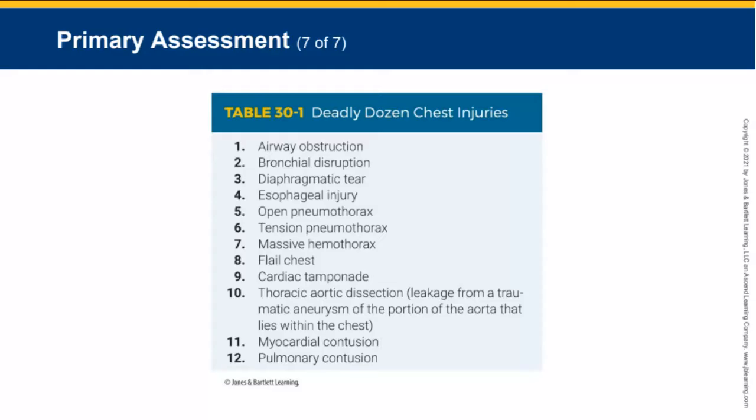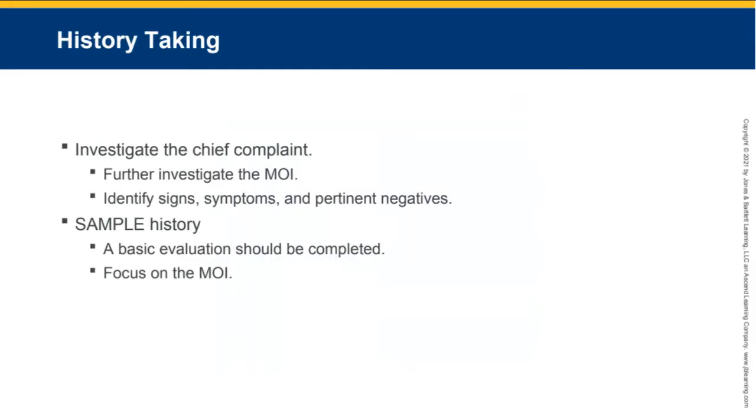So these are the deadly dozen: airway obstruction, bronchial disruption, diaphragmatic tear, esophageal injury, open pneumothorax, tension pneumothorax, massive hemothorax, flail chest, cardiac tamponade, thoracic aortic dissection, leakage from a traumatic aneurysm of the portion of the aorta that lies within the chest, myocardial contusion, pulmonary contusion.